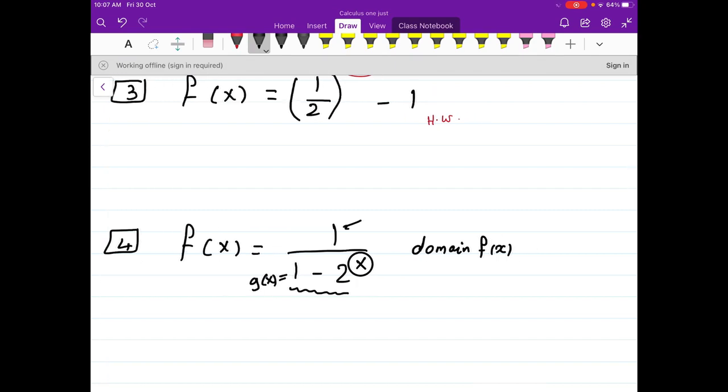So what is the domain for f(x)? R except 0.